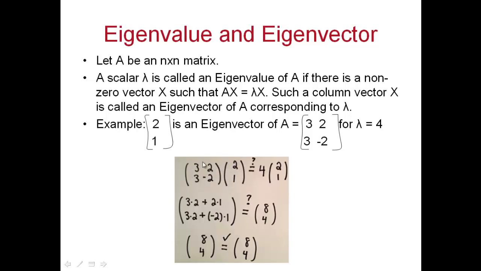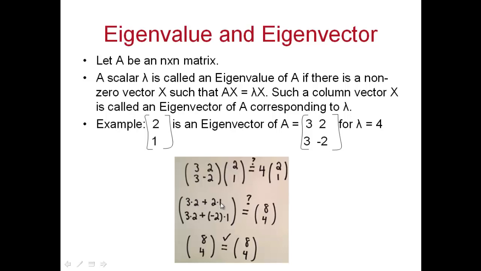So this is a 2 by 2 matrix and this is a 2 by 1 matrix. You should be able to multiply, since the number of columns in the first matrix is equal to the number of rows in the second matrix, and the result is going to be a 2 row, 1 column matrix. So it's going to be 3 times 2 plus 2 times 1, and then 3 times 2 plus negative 2 times 1.